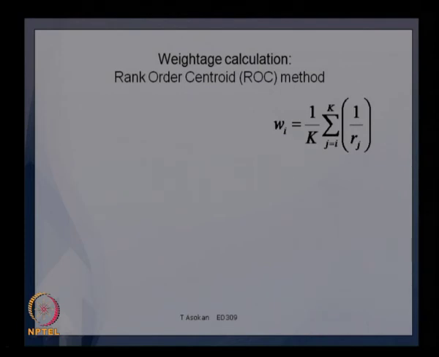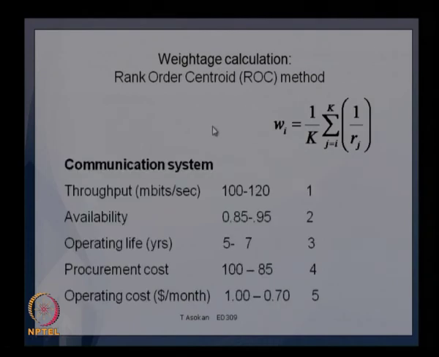Initially, at the time of objectives hierarchy development, we give the objective hierarchy value for each objective, and that value is taken as rj, and we take a centroid of it using the rank order centroid method. For example, this is the communication system requirement. There are requirements like throughput, availability, operating life, procurement cost and operating cost.